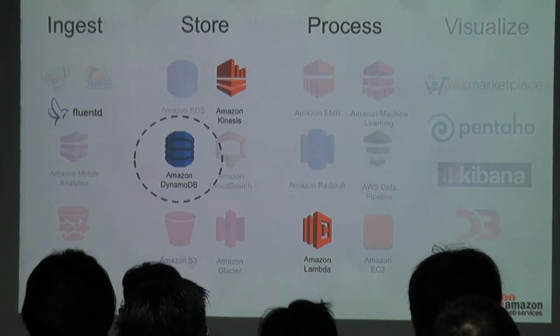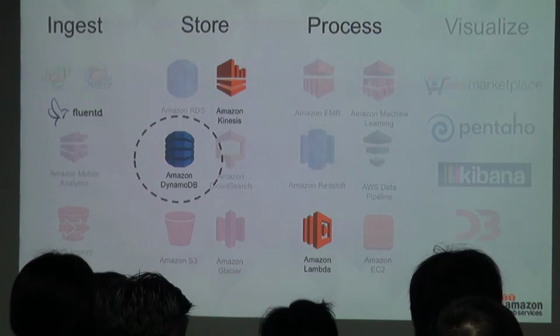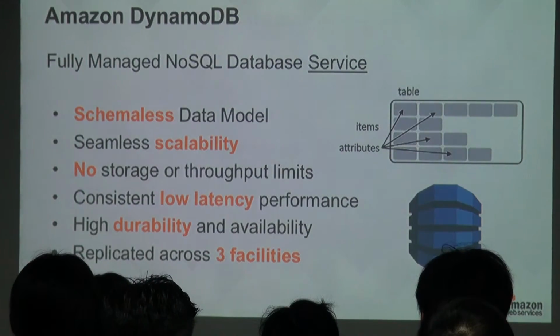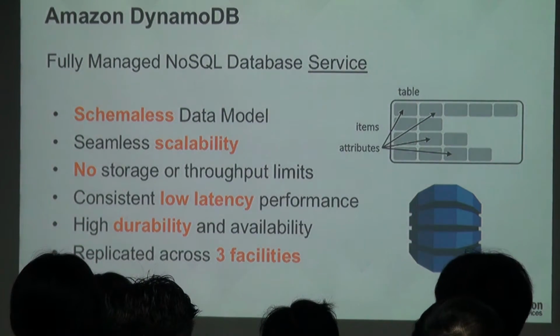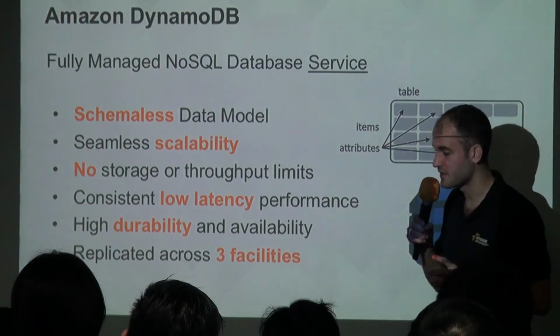Now, just moving on, just wanted to highlight another concept of NoSQL databases. So we have a service called Amazon DynamoDB, which is basically our fully managed NoSQL database. Now, before I dive into what it does, I just wanted to highlight what NoSQL databases do and the importance of it.